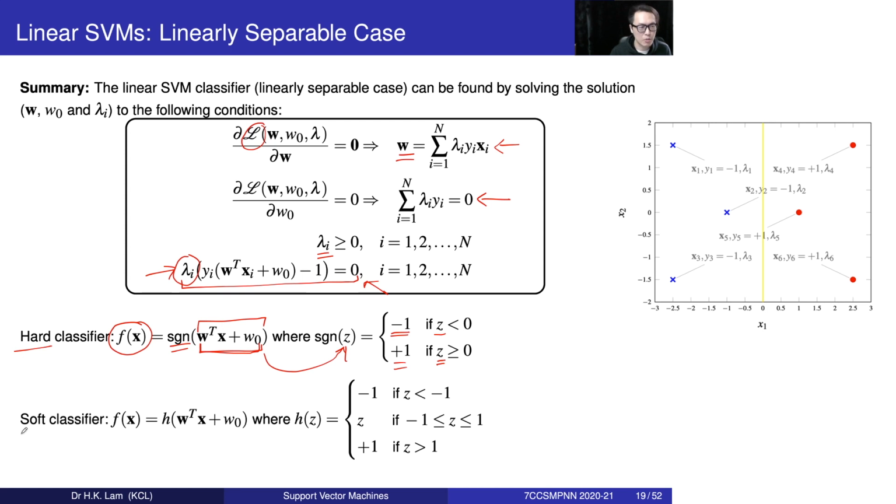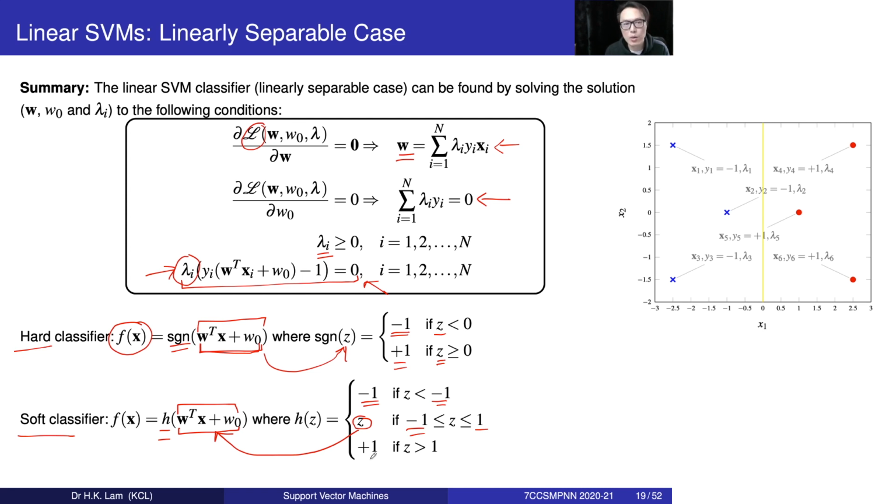Another one we call the soft classifier. So we have a soft function right here. When this Wx plus W0 is less than -1, it will give us -1. If it is in between -1 and +1, it just returns the value of z. If z is greater than 1, it just returns +1.